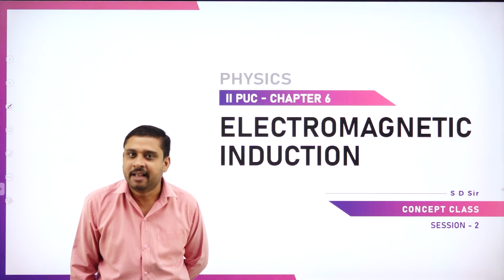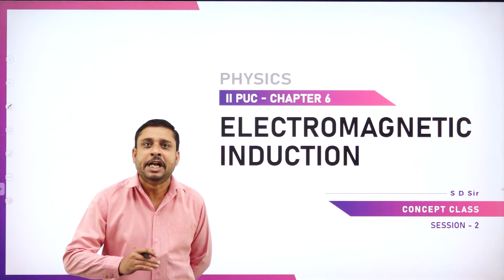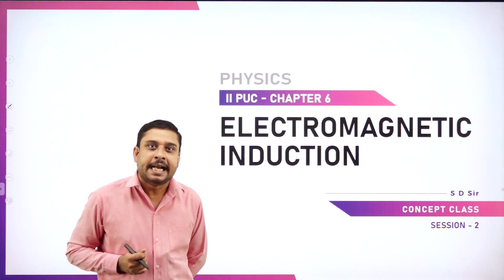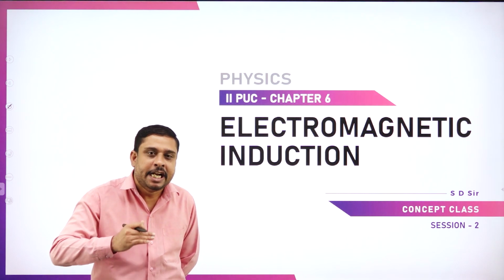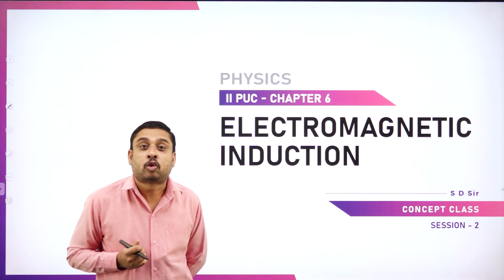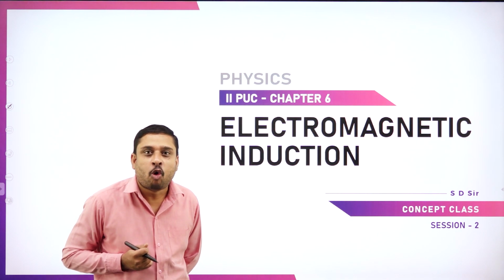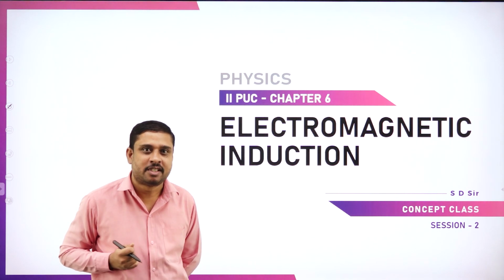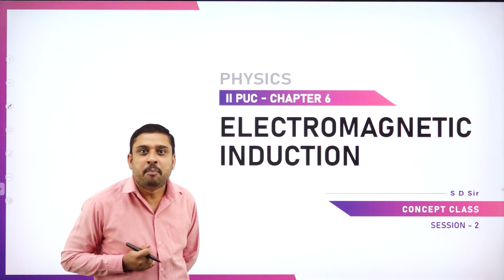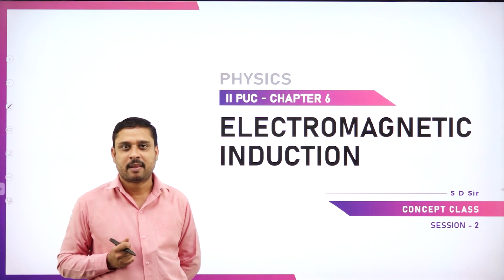What was the meaning? It was nothing but inducing an EMF and hence inducing some current in a closed coil, in a closed circuit. How? By changing the magnetic flux linked with it.